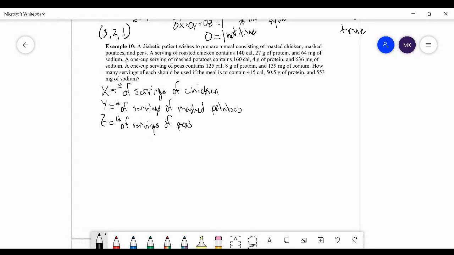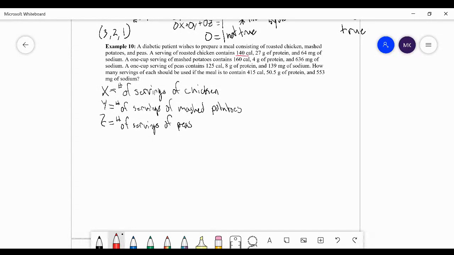So what we're going to do is create 3 equations that calculate the number of calories in the meal, the amount of protein in the meal, and the amount of sodium in the meal. And since I need the meal to have 415 calories, that's going to be our first equation.